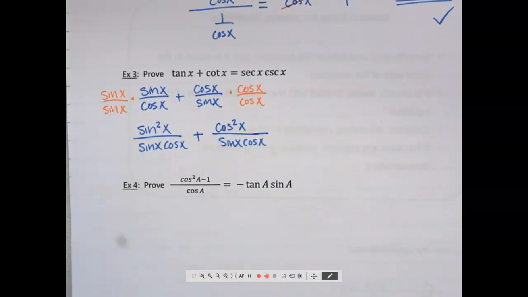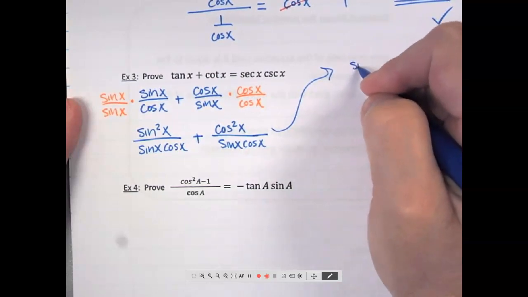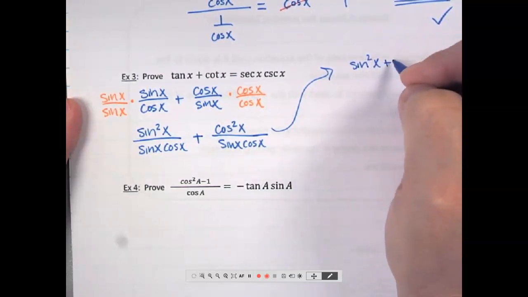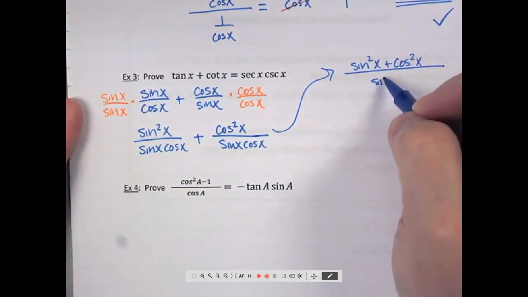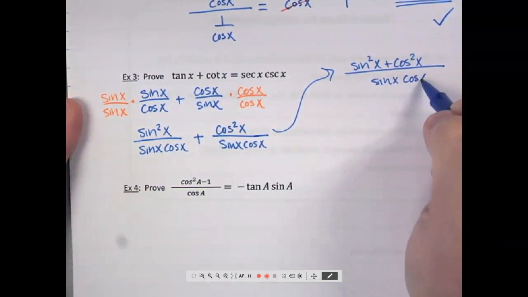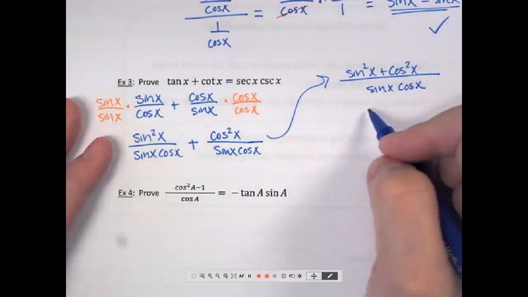Once you have common denominators, then you can smush it into one fraction, right? Very technical term, smush. But what is sine squared plus cosine squared? 1.